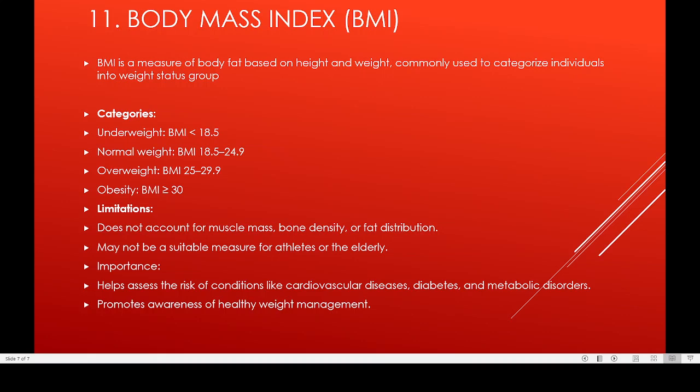So always have an assessment. There are different BMI calculators, body mass calculators. Just type BMI calculator and you will get a lot of BMI calculators online. It is a very simple way of discovering.